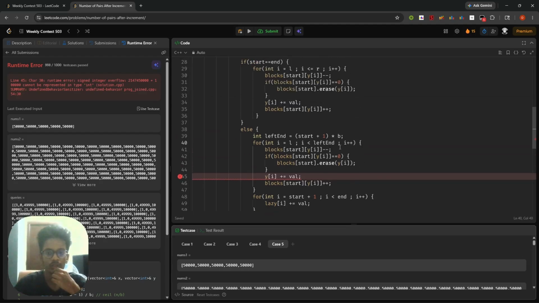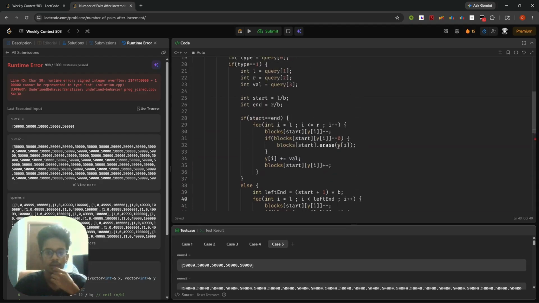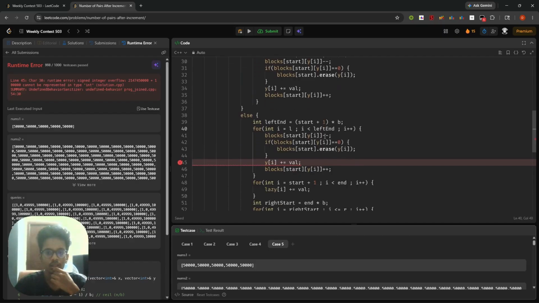Okay, so far where have we checked? I've checked till i equal to l, i less than left hand, i plus plus, blocks of start by i minus minus. If blocks of 1, erase it.